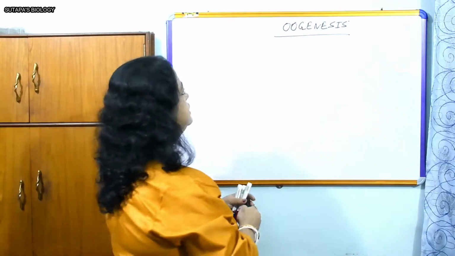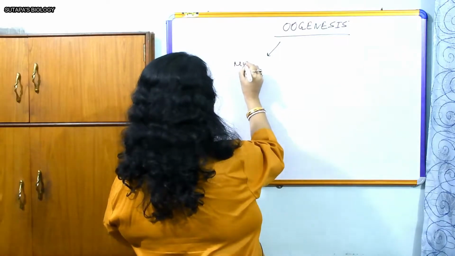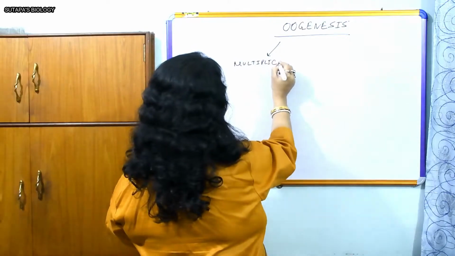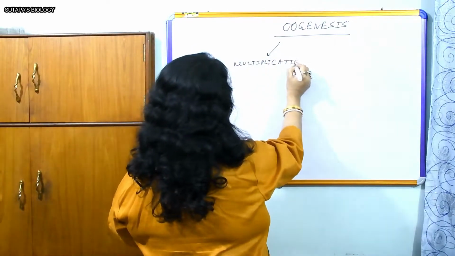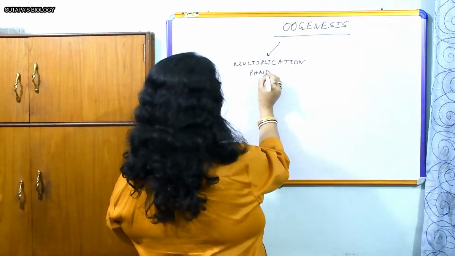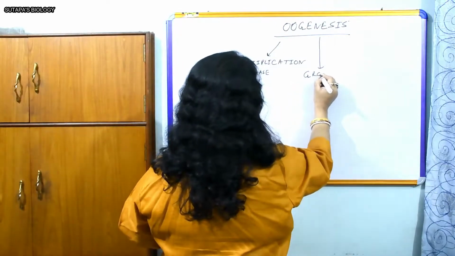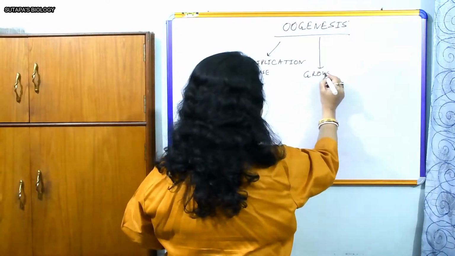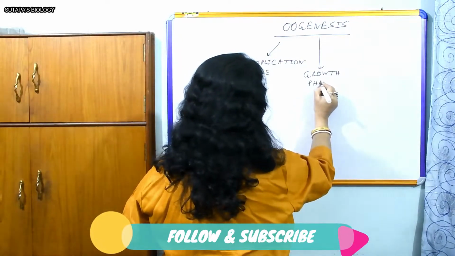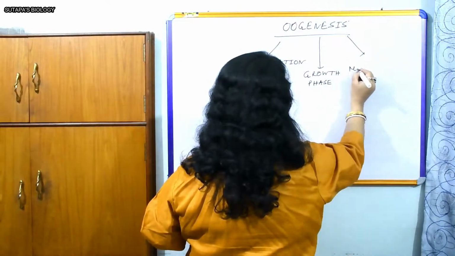Those subdivisions are: number one, multiplication phase; number two, growth phase, like the spermatogenesis; and number three is maturation phase.